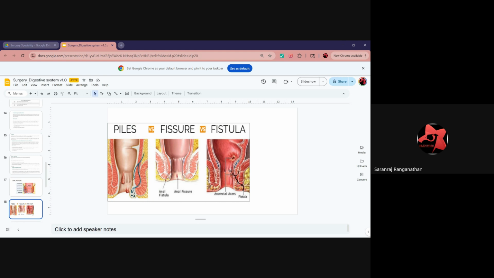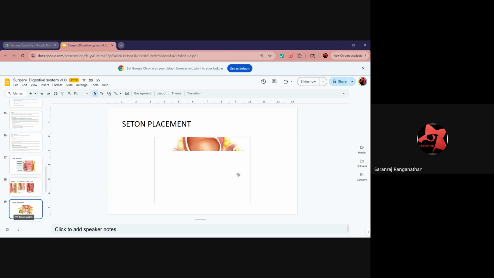In this place, some opening happens and it may cause infections and bleeding in this fistula. Okay, this is a fistula. An ulcer means some ulcers can happen in the rectum area. That is an anorectal ulcer. So now you can understand what are piles, what is a fissure and what is a fistula.